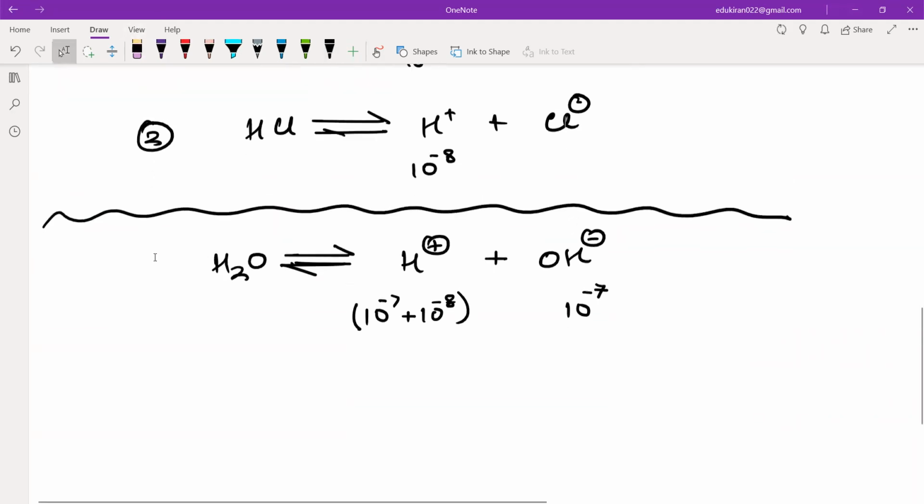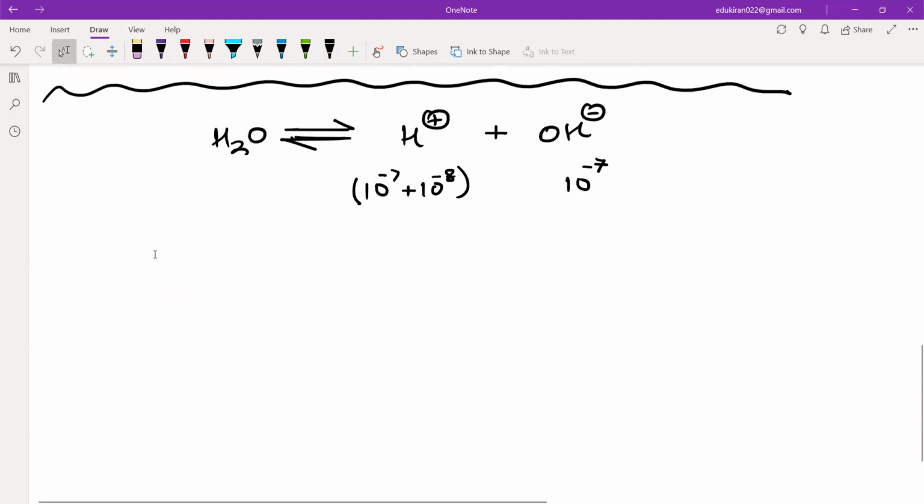So can I write that after adding HCl, the concentration of H plus is 10 to the power minus 7 from H2O and 10 to the power minus 8 from the HCl? Yes, so this is the initial concentration after we have added HCl.